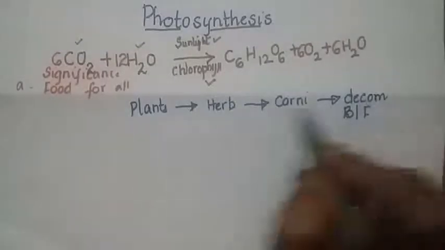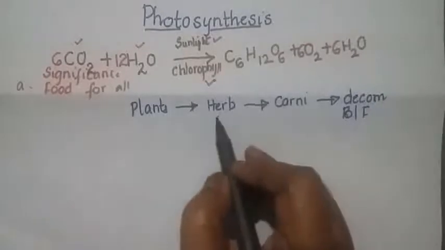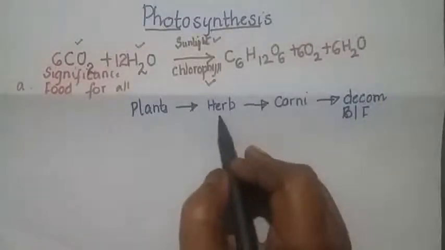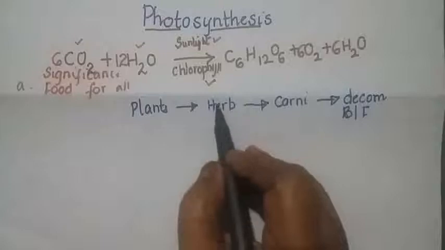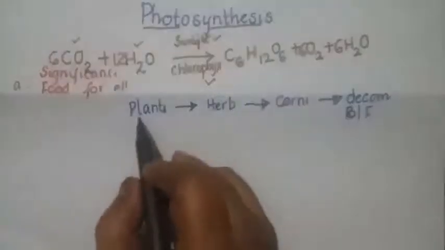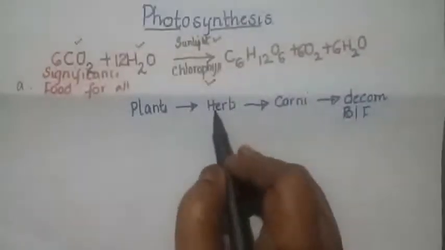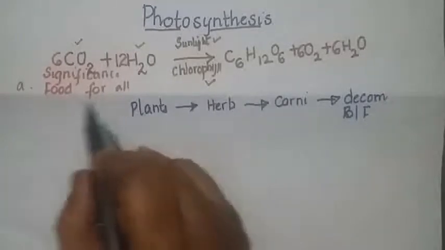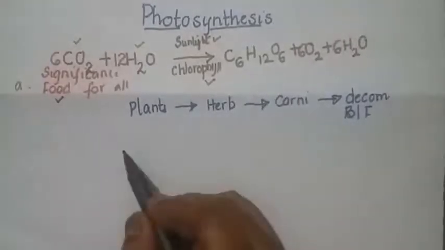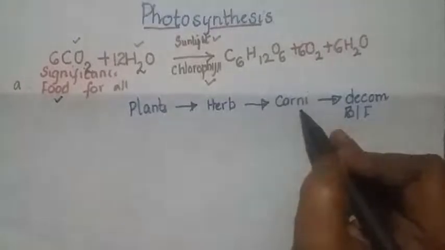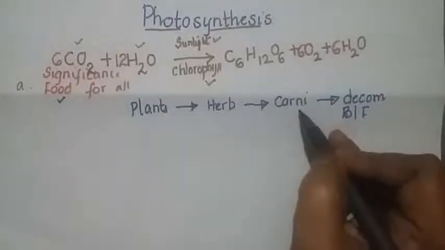If you look at this food chain, the herbivores, which only feed on the plants, directly consume the food, or you can say that they directly depend on the plants for their food. Whereas carnivores are the animals which feed on the flesh of other animals.